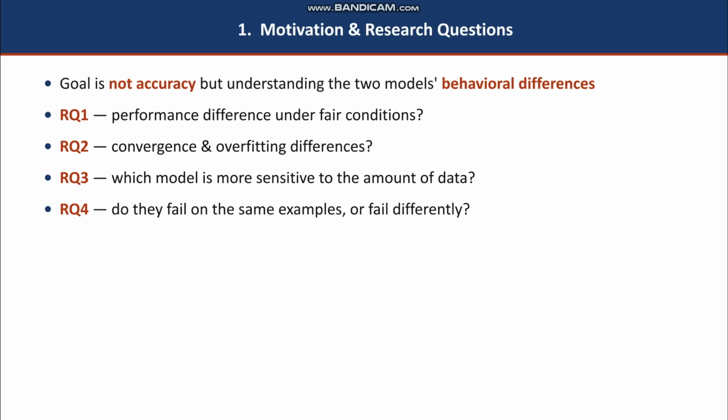Number two: convergence and overfitting. Number three: which model is more sensitive to data size. And number four: whether the two fail on the same examples or differently.